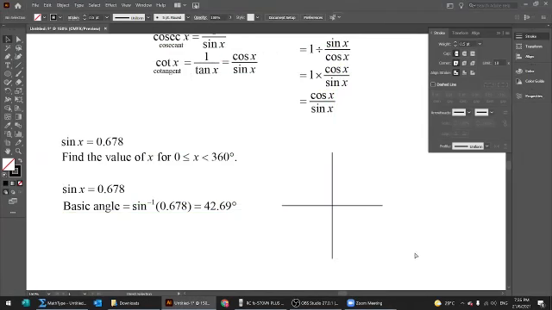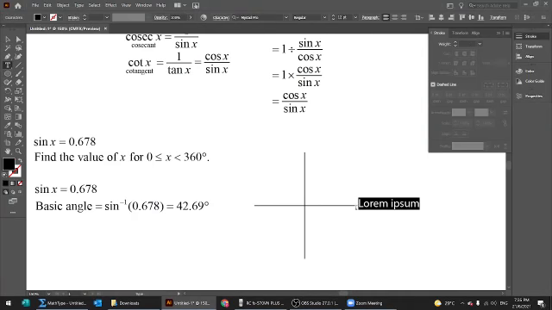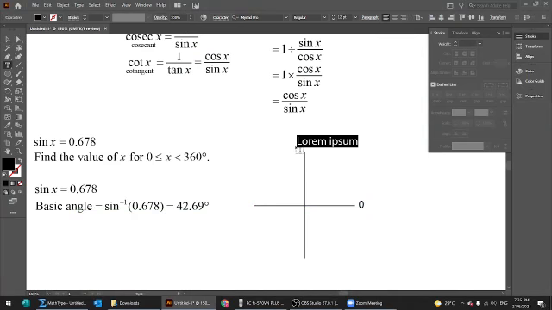This is your ASTC. Here is 0 degrees. Always start from this right side. This is 90, this is 180, this is 270, and it will end here at 360. I'll explain later why it is like that.